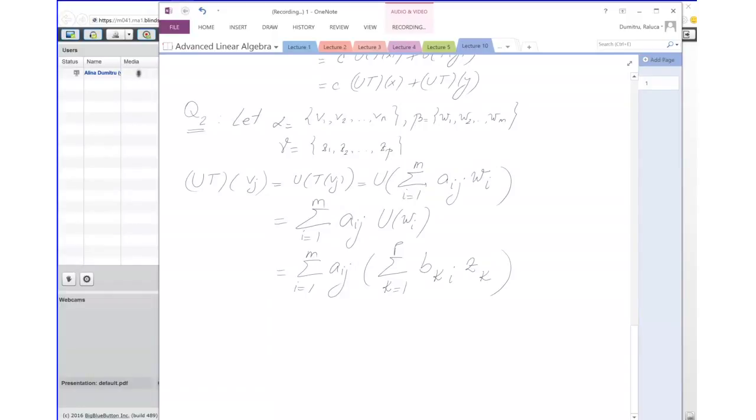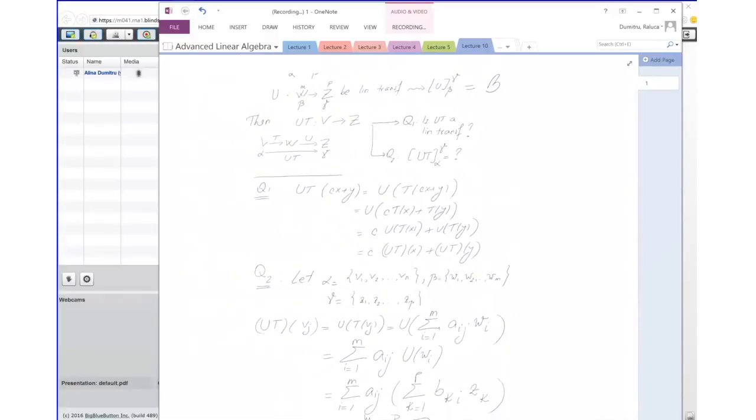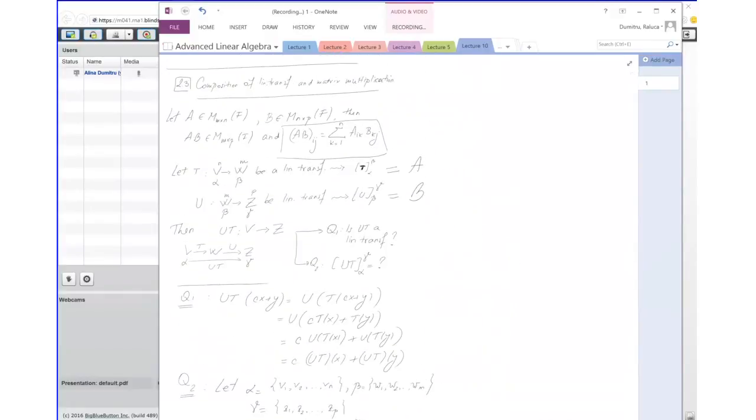So now finally, sum i equals 1 to m of sum k equals 1 to p of, let me write this backwards, Bki Aij Zk. The reason I want to write it backwards is because at this point you should recognize that formula that you're saying you don't remember. The formula for the ij entry of a product of two matrices, which was written here.